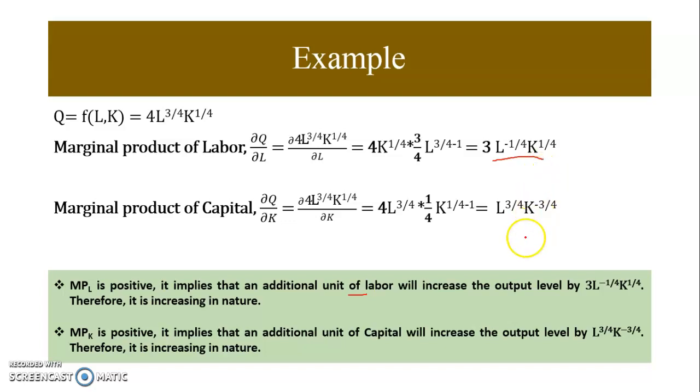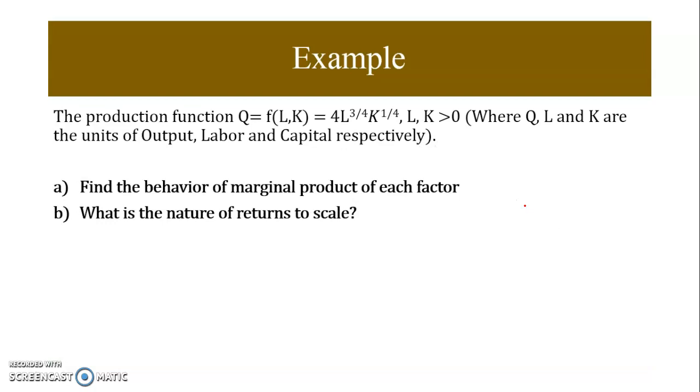Similarly, if MPK is positive, it implies that an additional unit of capital will increase the output level by this. Therefore, both of them are showing the increasing nature. If either of them is negative, we would say that it is showing a decreasing nature. Simple. Now we'll move to the next part.